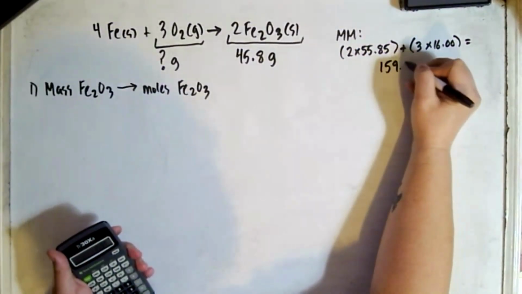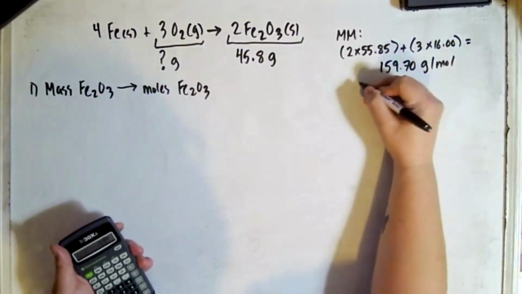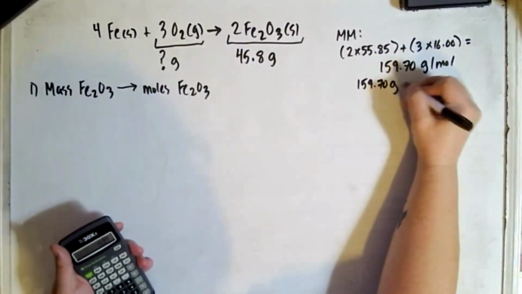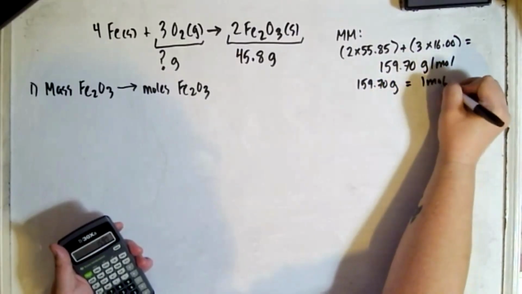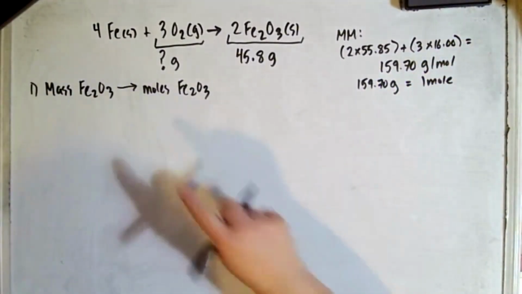So it's going to be 159.70 grams per mole. Okay, that's our molar mass for our Fe2O3.